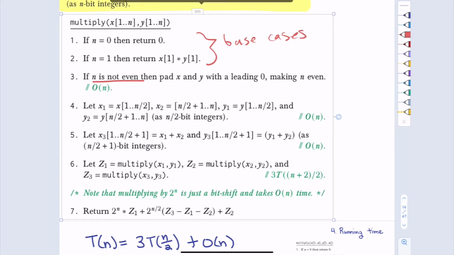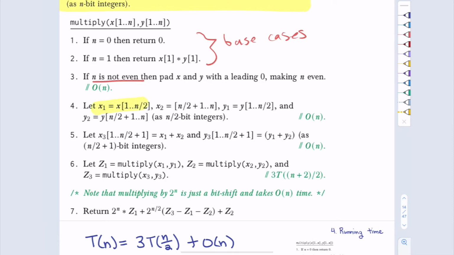So we have x1. There's the first half, second half, first half, second half. Here x3 is taking x1 and x2, adding it together. I was just being kind of verbose to be clear. y3 is adding y1 and y2 together.